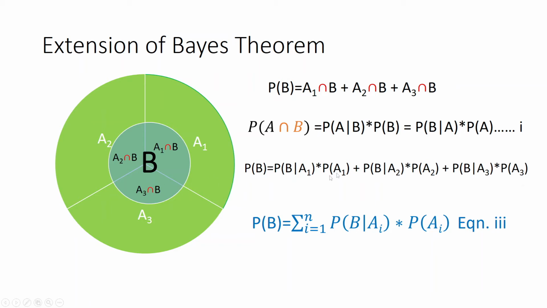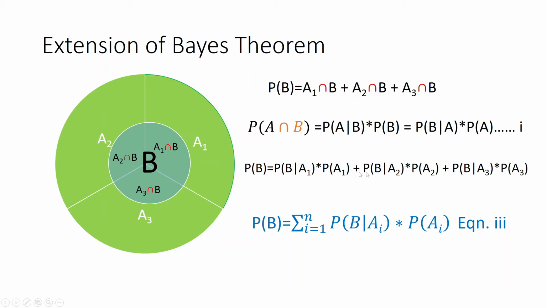Therefore, we can rewrite this equation by substituting this with this one. The probability of B is equal to the probability of event P given A1 has occurred times the probability of A1, which is this one, plus the probability of event P given A2 has occurred times the probability of event A2, which is this one, plus the probability of P given A3 has occurred times the probability of A3, which is this one.